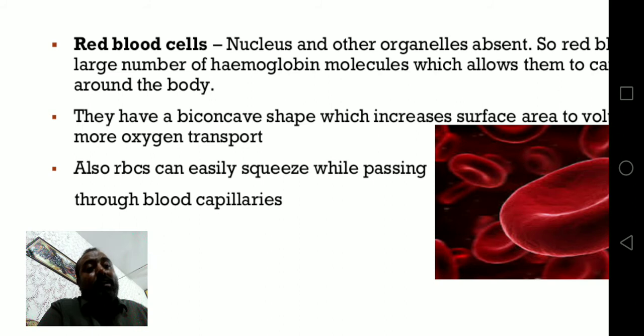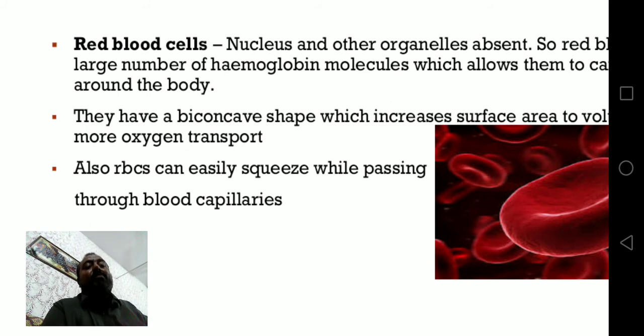This is why two RBCs side by side cannot pass through the capillary. RBCs can pass through blood capillaries in the form of a single file, due to the almost same diameter of RBC and blood capillary.